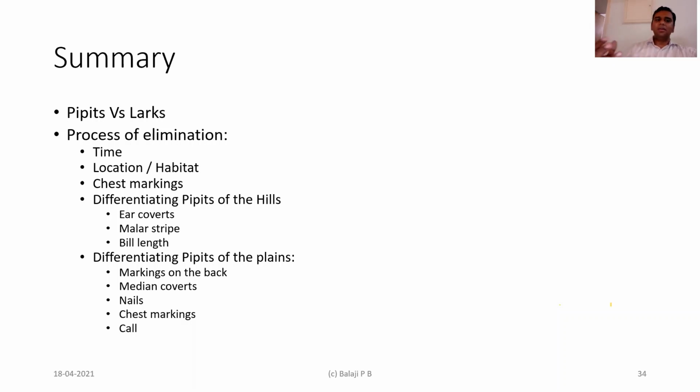If you are on a hill, there are only about 4 possible pipits there. If you are on the plains, there are only 5 possible pipits there. So you can narrow down, and based on the markings on the back, the median coverts, the nails, and the chest markings, you can zero in on what pipit it is.